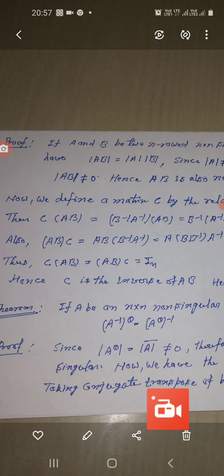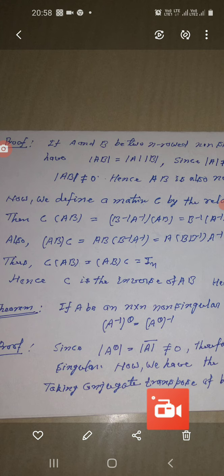Since determinant A is not equal to 0 and determinant B is also not equal to 0, that means both are non-singular. Therefore determinant AB is also not equal to 0, and hence AB is also non-singular. That means if A is non-singular and B is non-singular, then AB is also non-singular.